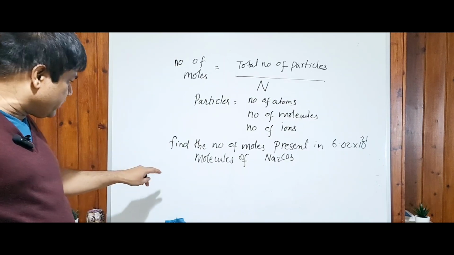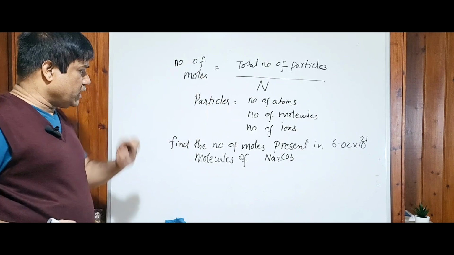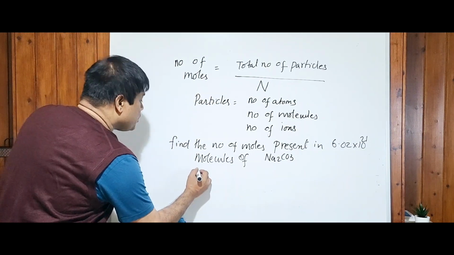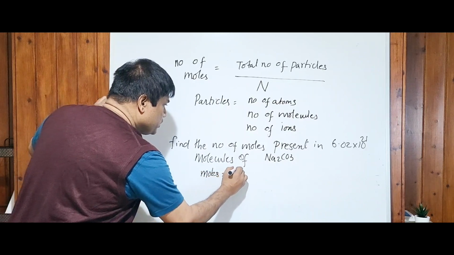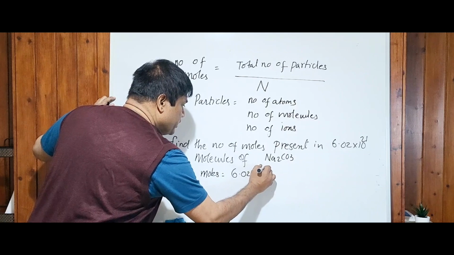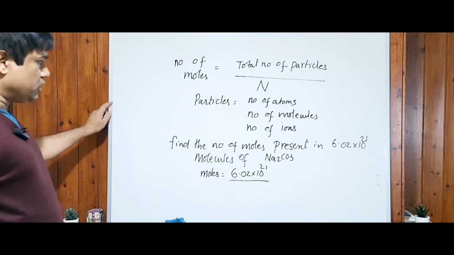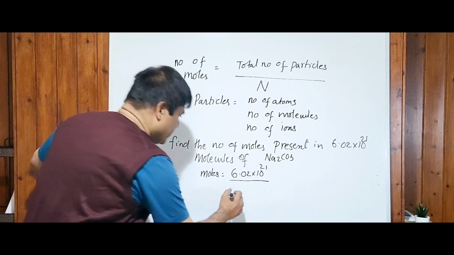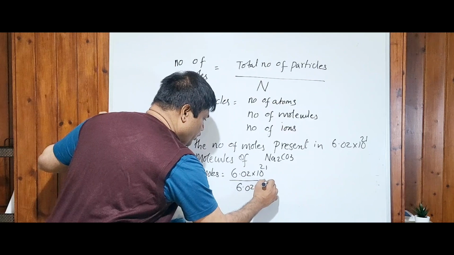The particles given here are 6.02 into 10 to the power of 21. What's Avogadro's number? 6.02 into 10 to the power of 23.